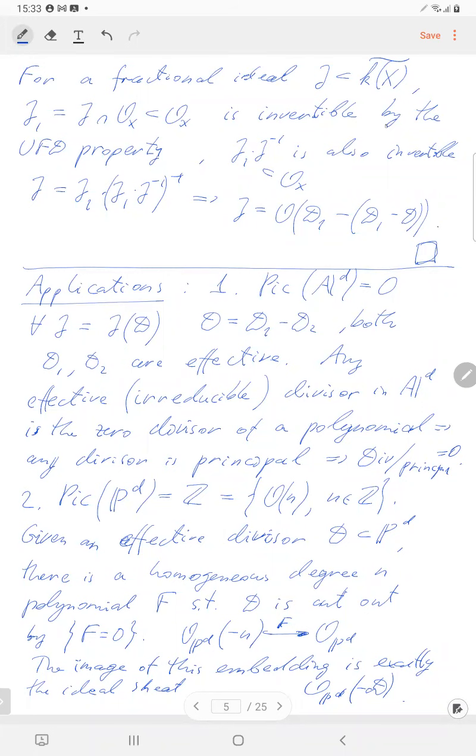Okay, so we somehow classified all the ideal sheaves of divisors. They are all isomorphic to O_PD of negative n, where n is the degree.